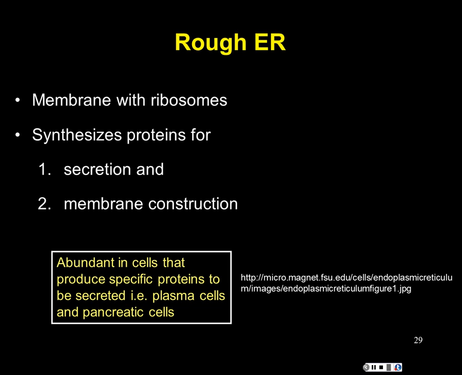A protein that's secreted out of the cell, like a hormone or enzyme, or albumin in the blood, whatever, if it's not kept inside of the cell, in the cytoplasm, it was manufactured by that cell's what? Rough ER. Additionally, those proteins that are associated with membranes get made where?